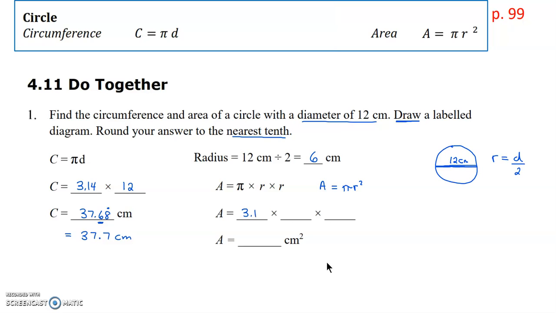So we're going to use rounded pi times 6 squared, which is 36. We're going to have a decimal as well, 113.04. And again, we're going to round to the tenths place. So here it's just going to be 113.0. And if you drop that decimal off, that's fine as well.